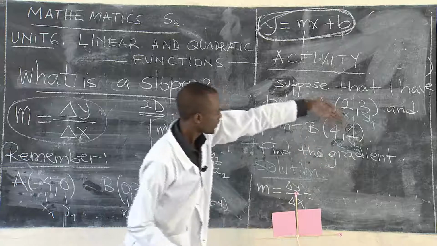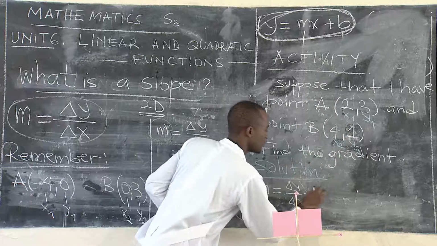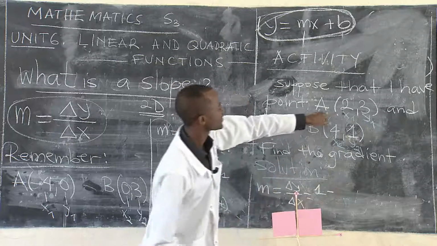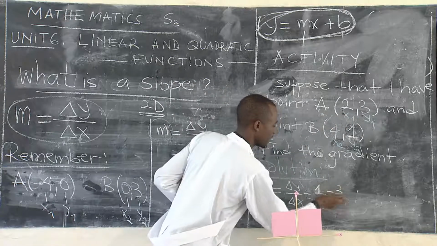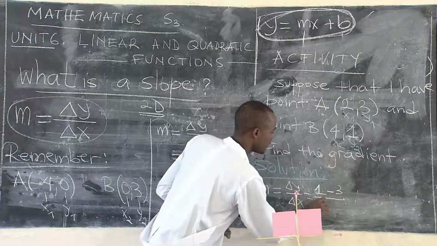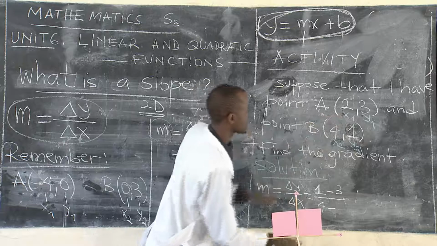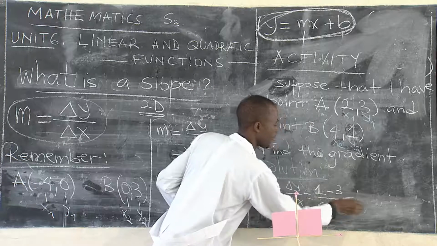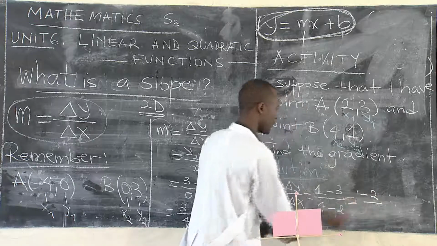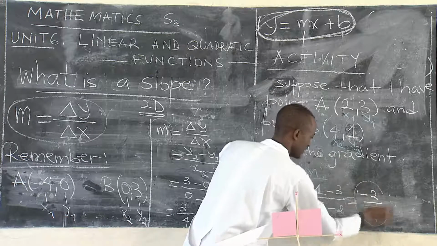Now, y2 is equal to 1 minus y1 is equal to 3 over x2 is 4 minus x1, which is equal to 2. Now I have negative 2 over 2.